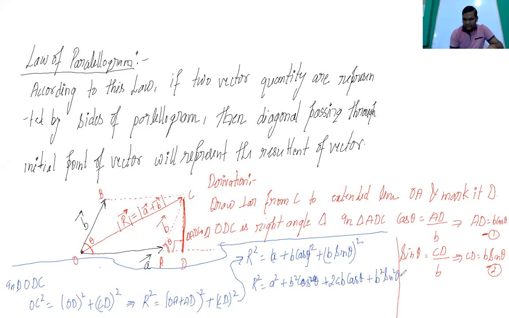B square cos square theta plus B square sin square theta: B will be common, and sin square theta plus cos square theta equals 1. So R square will be A square plus B square plus 2AB cos theta.